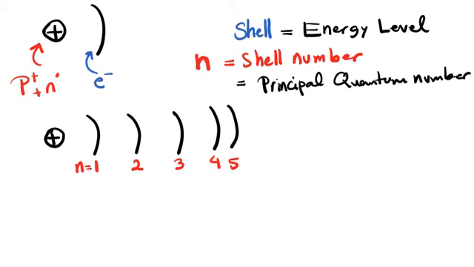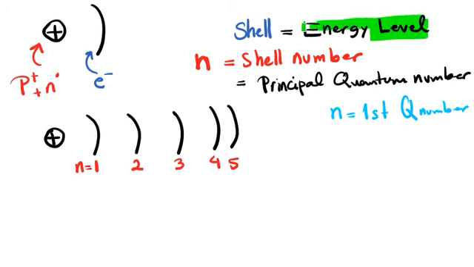In the quantum model, we have 4 quantum numbers, and n is the first quantum number. I wanted to give you this definition for when you study different resources or work on different textbooks.